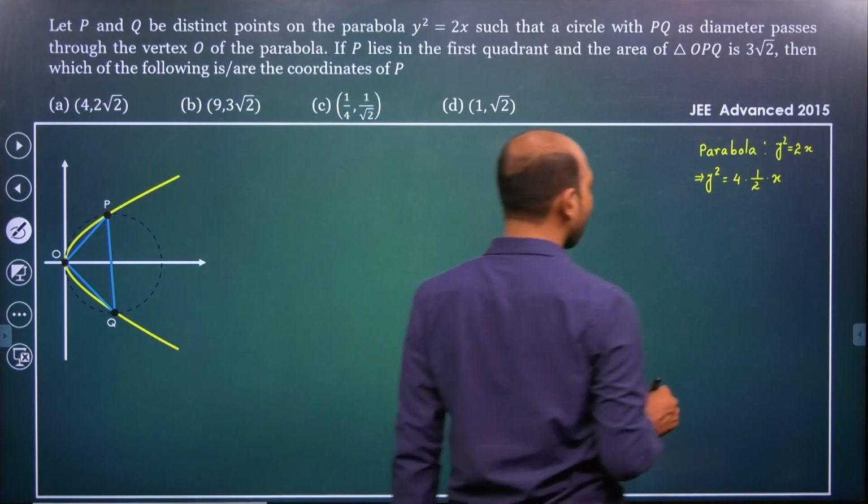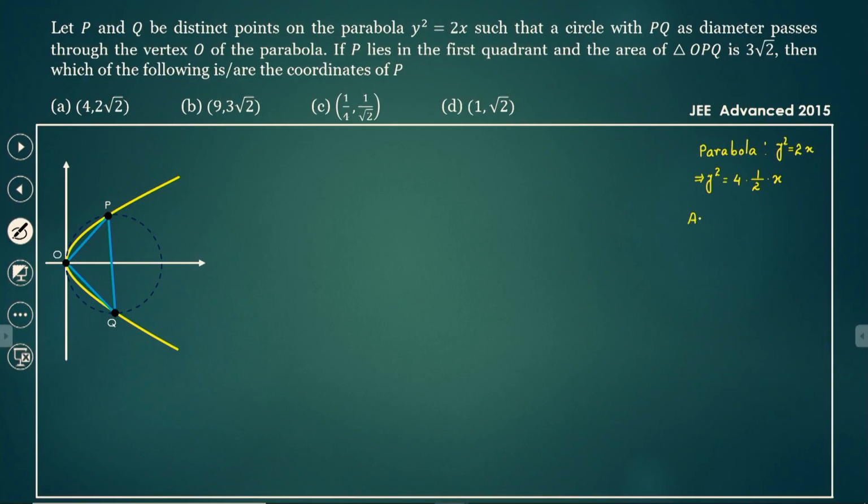Therefore, any point on the parabola is at square, 2at. In this particular problem, a is equal to 1 by 2. So any point on this parabola can be taken as t square divided by 2 comma t.